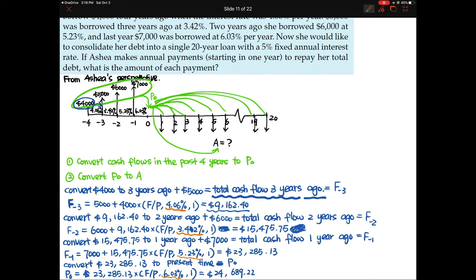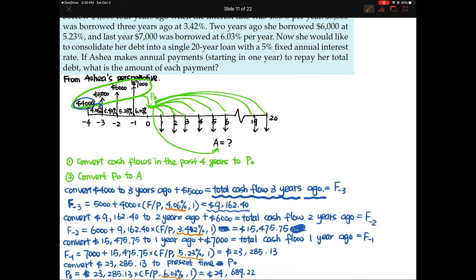So that is sequentially, you're gonna accumulate these cash flows, compound them to a future time. So that's the logic.